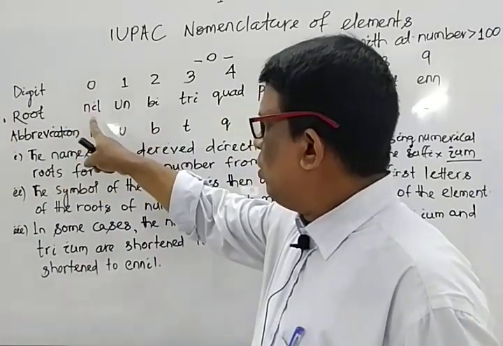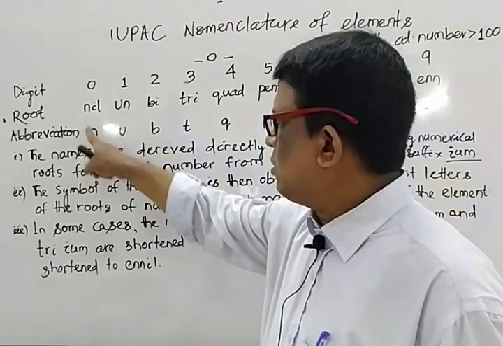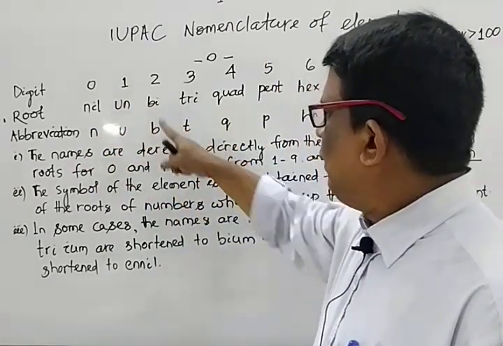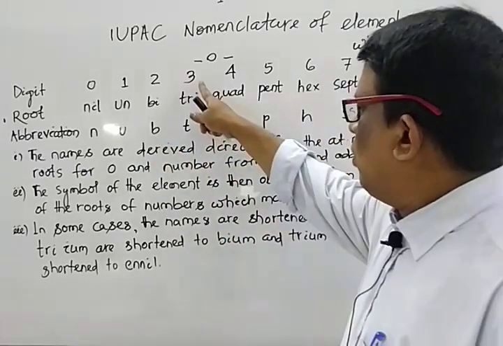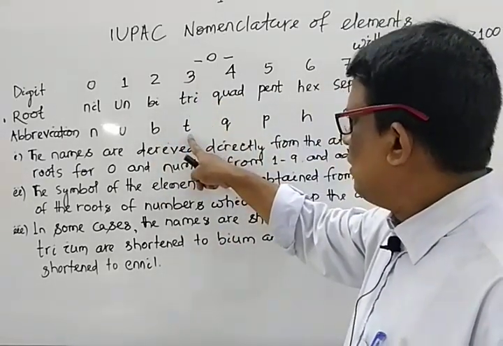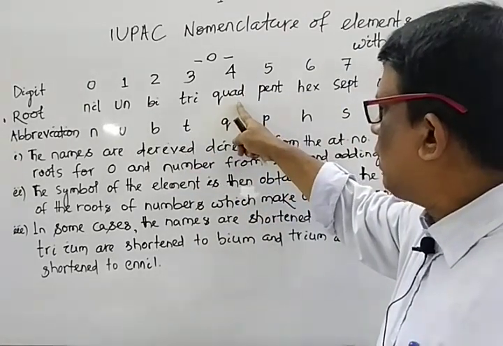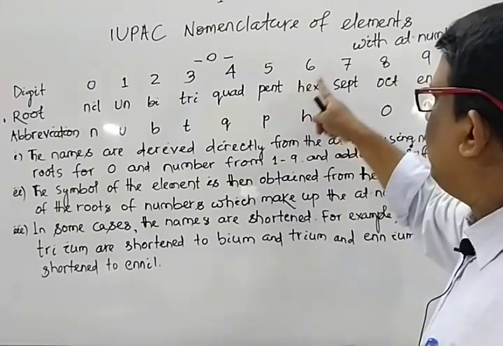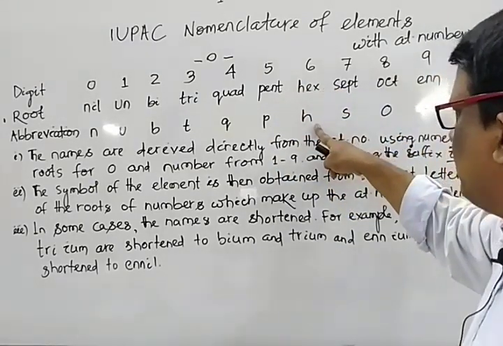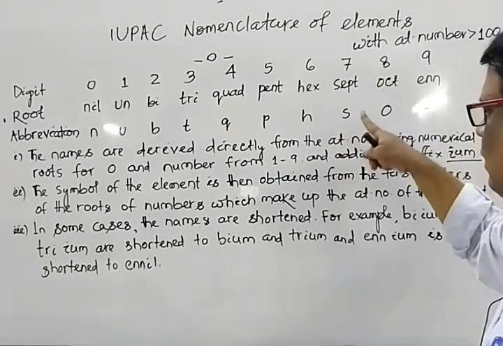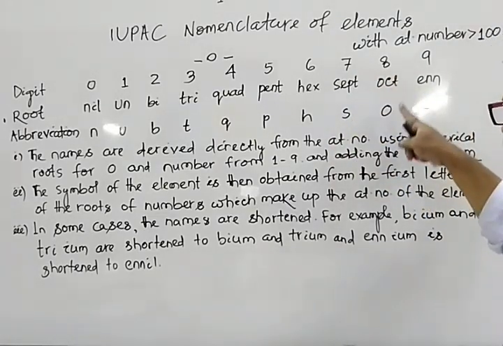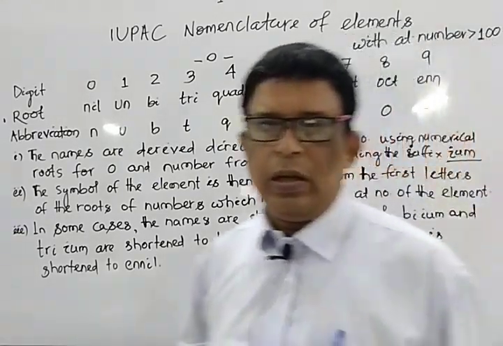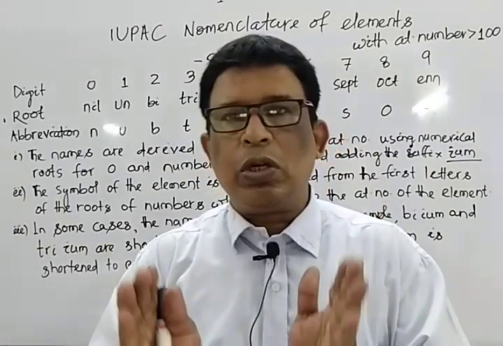For digit 0, root word is nil, abbreviation is N. For 1, un, U. For 2, bi, abbreviation is B. For 3, tri, abbreviation is T. For 4, quad, abbreviation Q. For 5, pent, abbreviation P. For 6, hex, abbreviation H. For 7, sept, abbreviation S. For 8, oct, abbreviation O. For 9, enn, abbreviation E. And in some cases we go through the shortened name.